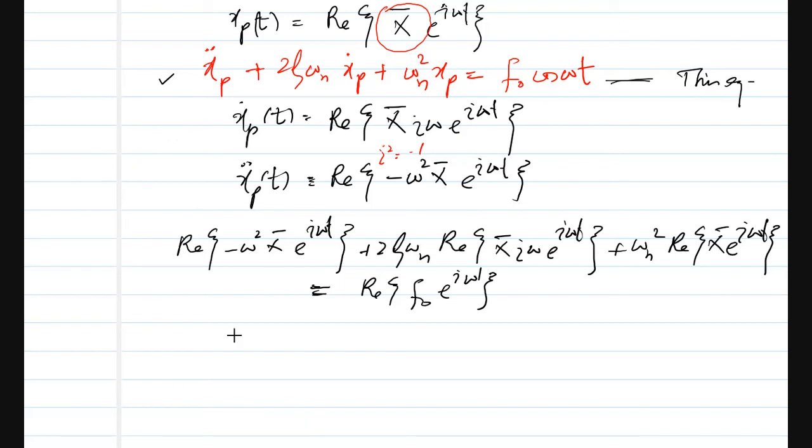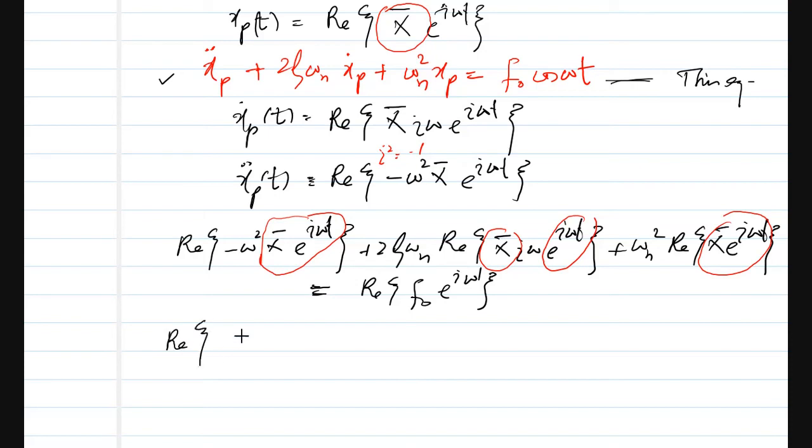Okay, so as you can see, the x bar e iota omega t is common in all terms. So what we can do is take this common and put the real function outside the brackets.